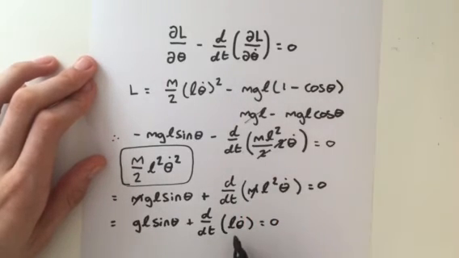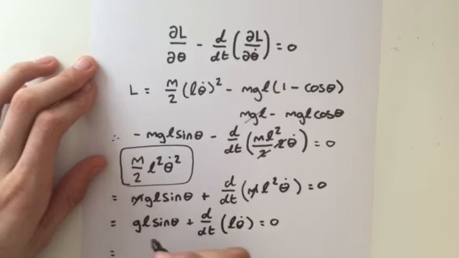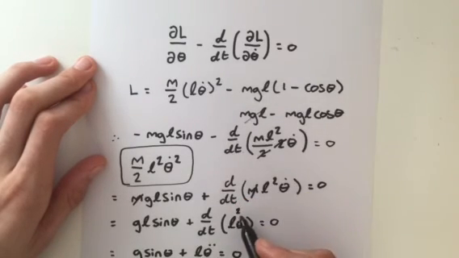So now we can differentiate L theta dot, and that's obviously going to be L theta double dot. Yeah? It's basically differentiating our angular velocity, and we get our angular acceleration multiplied by this constant. The constant doesn't change. So finally we get g sine theta plus L theta double dot is going to equal 0. Okay, and that's L squared, of course.